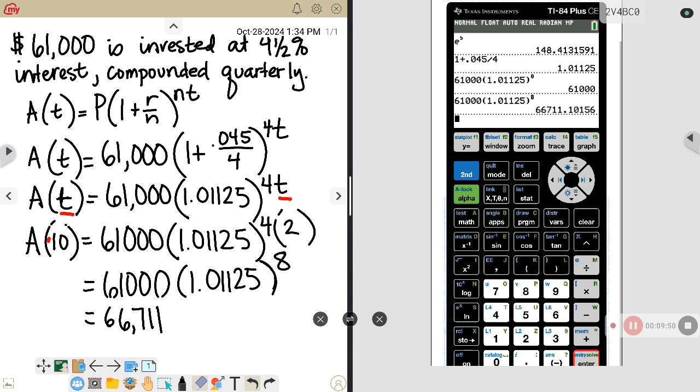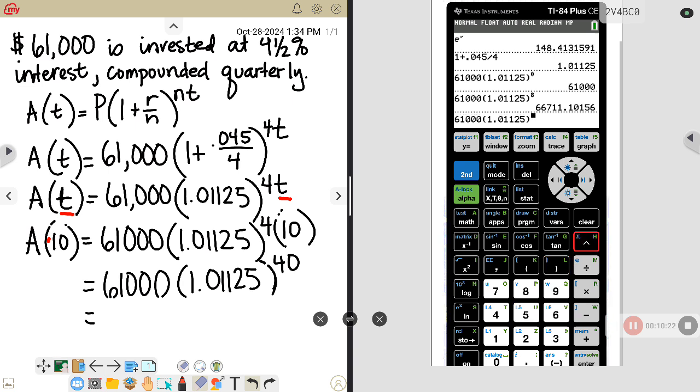So now let's replace the t in the exponent with the 10. So now we're looking at after 10 years, which means my exponent will be 40. So same thing, 61,000, open, 1.01125, close.